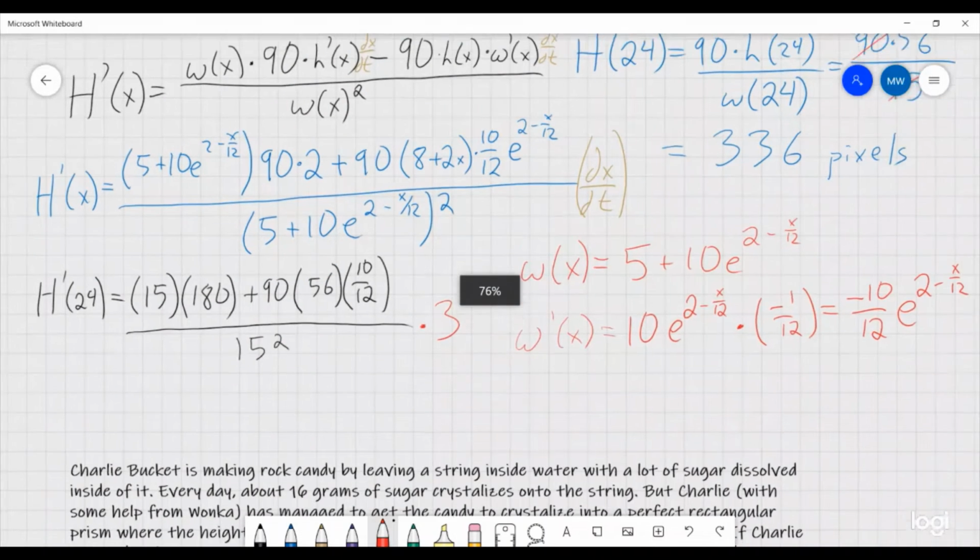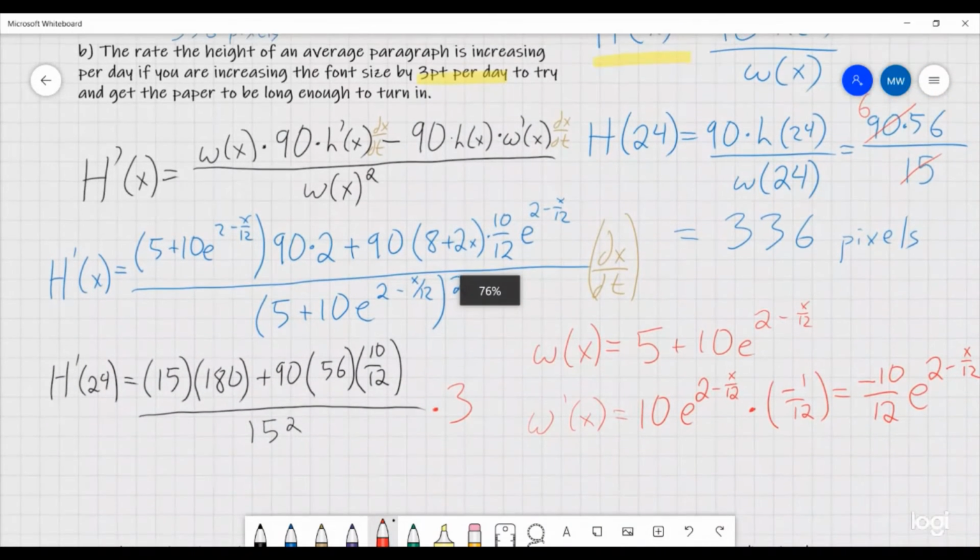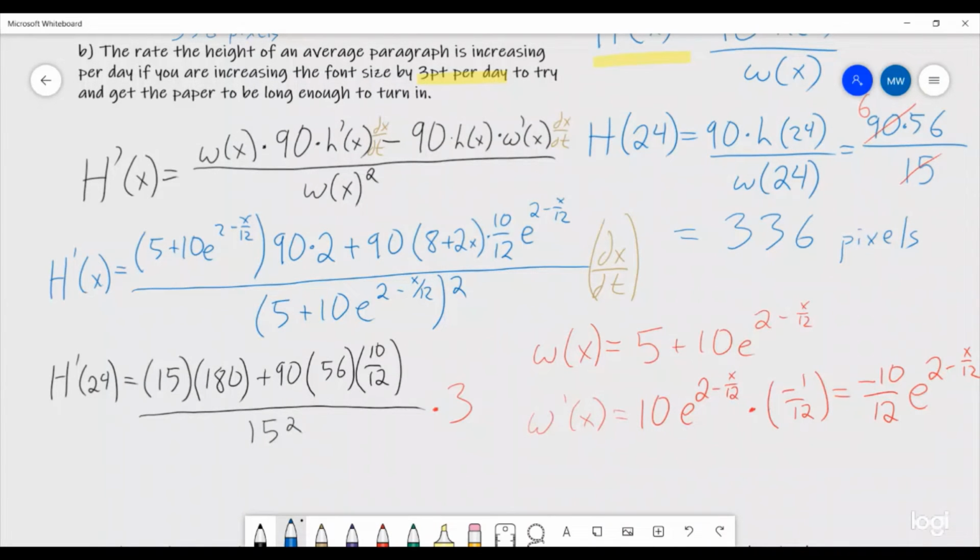So, going through and simplifying a little bit more, we find that, let's see, 15 times 180, I feel like there's a lot of 15s that we can cancel. So let's look at 10 over 12 first. So 10 over 12, that's the same thing as 5 over 6.